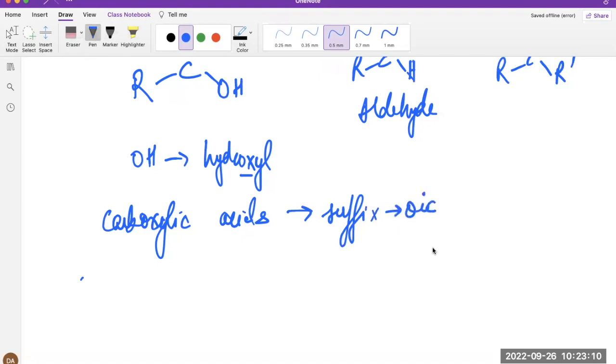So the suffix used is OIC, oic acid. So just like alcohol, we're using OL, aldehydes, we're using AL at the very end of the name of the molecule, like ethanol or ethanal, and they will tell you if you're working with an alcohol or aldehyde. Similarly, for the carboxylic acids, we use a suffix, so the words that you put at the very end of the molecule, and in this case, it's going to be oic acid. Okay. All right.